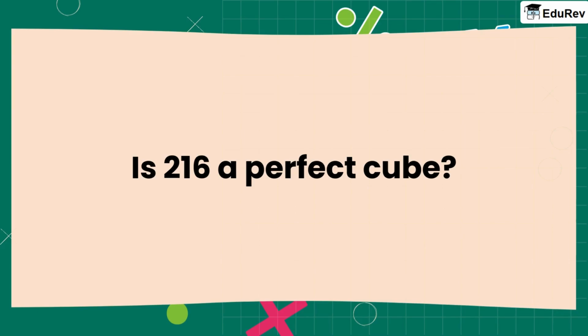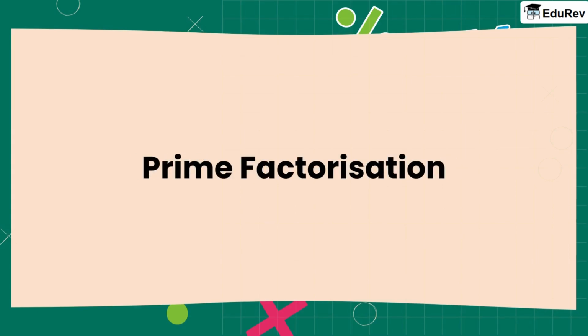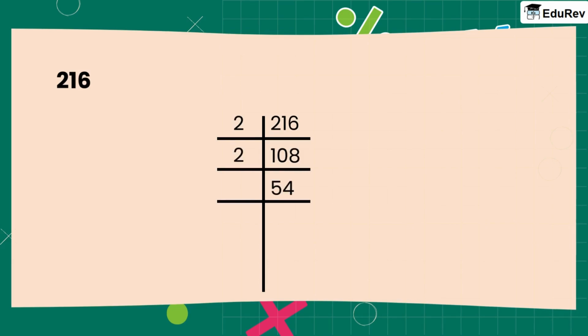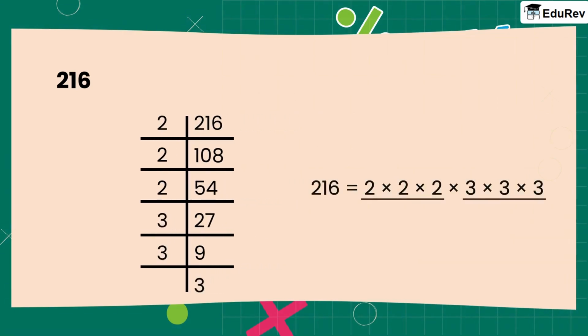Let's do it together. First step is to make prime factors of the number, that is, 216 divided by 2 is 108, divided by 2 is 54, divided by 2 is 27. 27 divided by 3 is 9, divided by 3 gives us 3. So, we get the prime factors of 216 equal to 2 into 2 into 2 into 3 into 3 into 3.